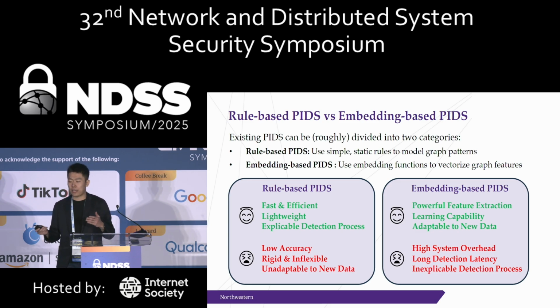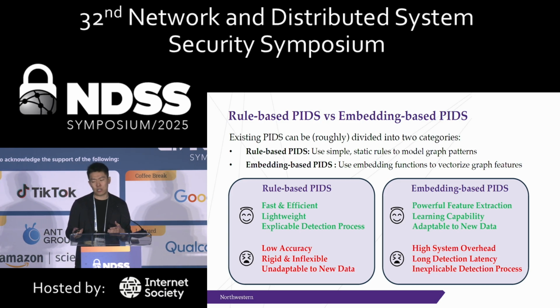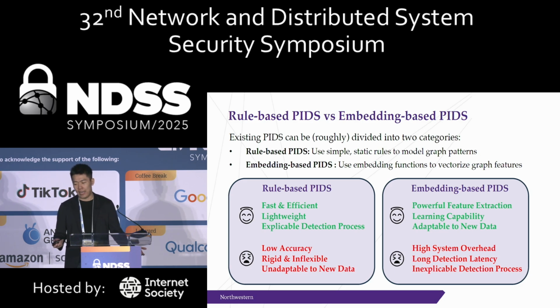Some people may say, let's just use embedding-based PIDS because it has more powerful feature extraction, a learning capability, and can adapt to new data patterns. But the downside is that it is very expensive to perform such detection. As we all know, any calculation using a neural network is very expensive, and we suffer long detection latency and an inexplicable detection process.